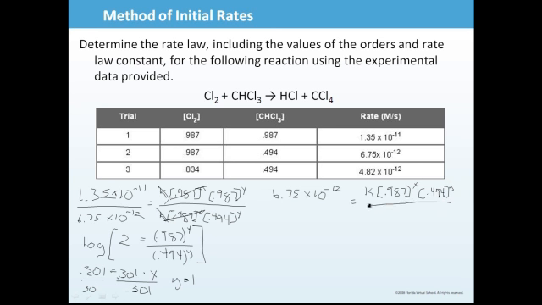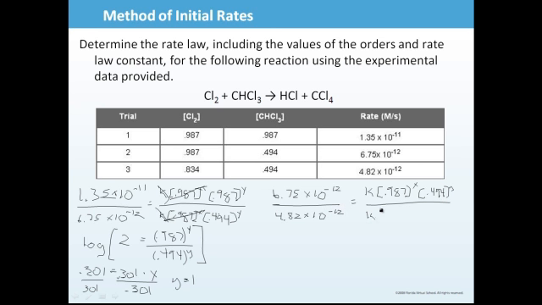Set it up again as a proportion. Okay, on the left we've got 4.82 times 10 to the negative 12.